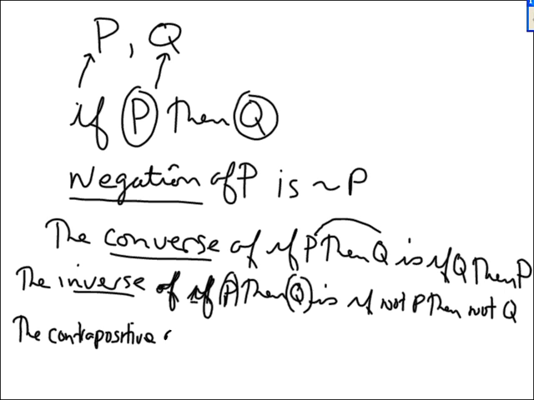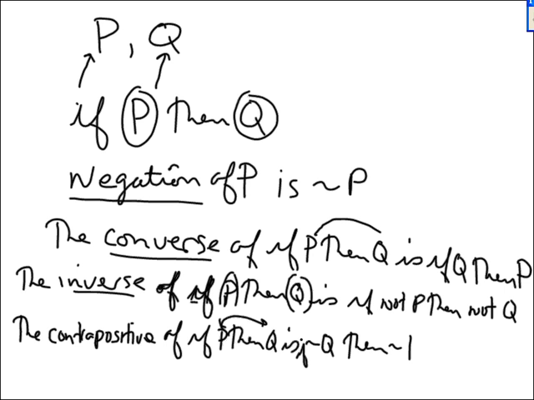The contrapositive of if P then Q is we switch the two and we negate them. Remember that symbol means not. If not Q, then not P. Now, is this statement always going to be true?